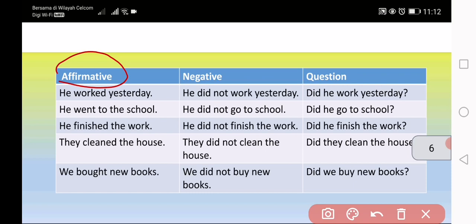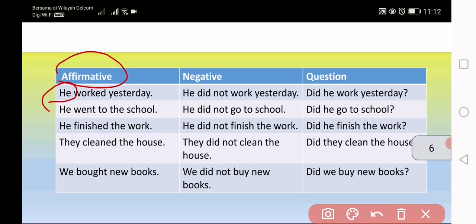Kamu terlibat dalam perkara tu. For example, this one, he worked yesterday. It's not, bukan kamu terlibat, orang itu terlibat. Orang di dalam ayat itu. So for example, this one, he worked yesterday. Maknanya lelaki ni, he ni, so it refers to a boy, a man, right? So he worked yesterday. Dia bekerja semalam.